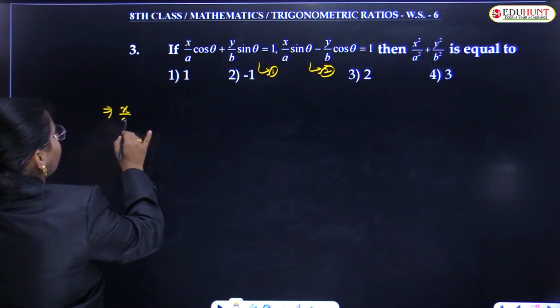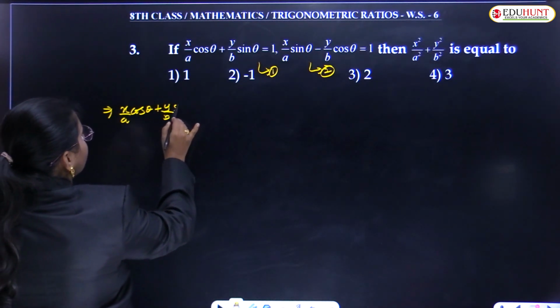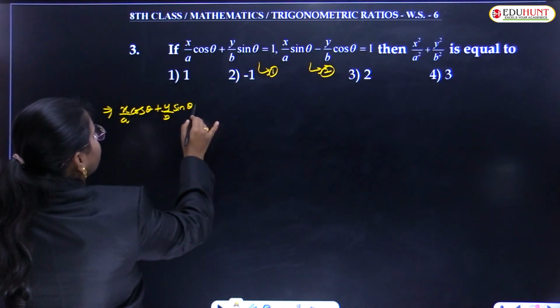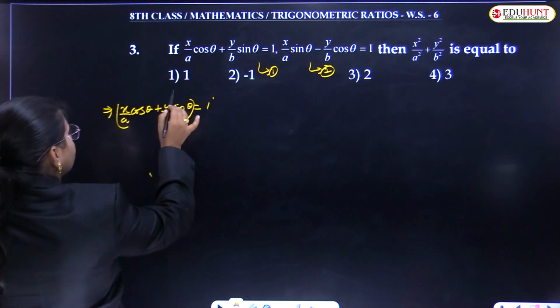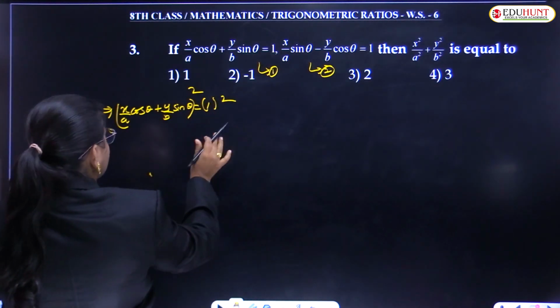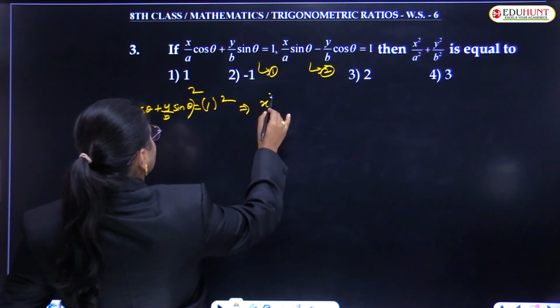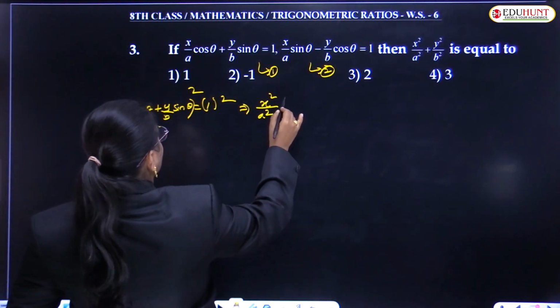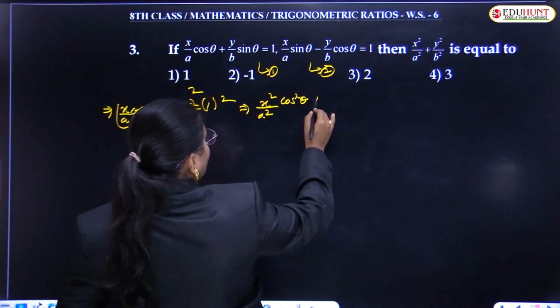x by a cos theta plus y by b sin theta is equal to 1, whole square, squaring on both sides. So what am I going to get? x square by a square cos square theta, a square is done.